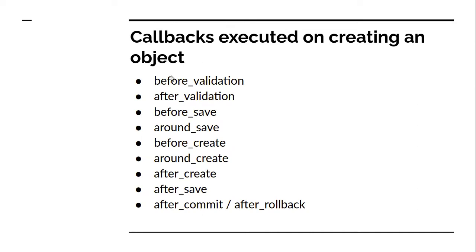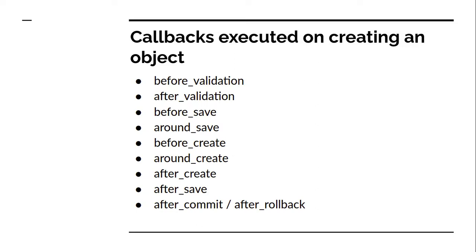Before validation and after validation work when you create an object, and when the object is going to be saved into the database, all the validations applied to that object will be checked, and then your callback will perform the action that you define in your before and after validation callbacks.